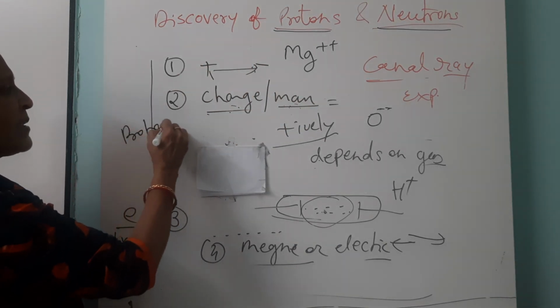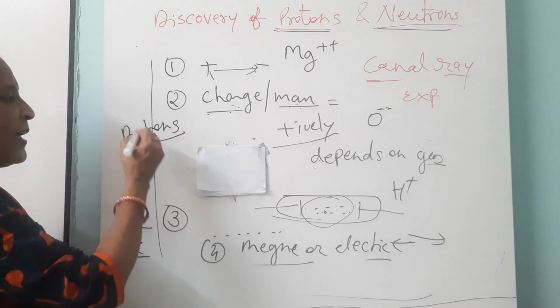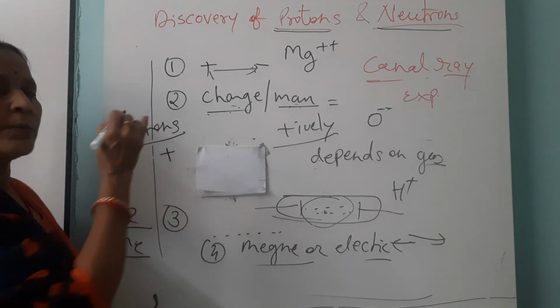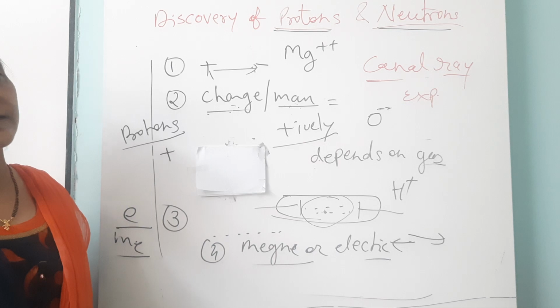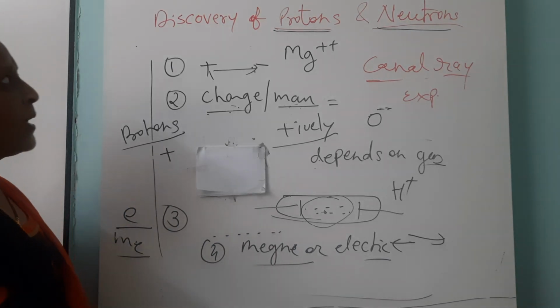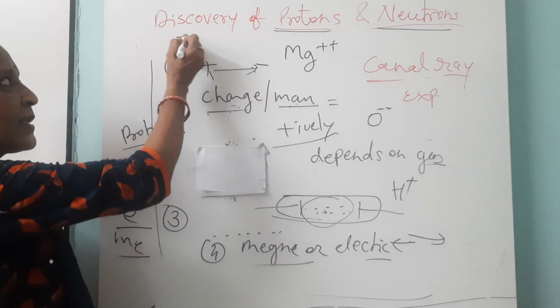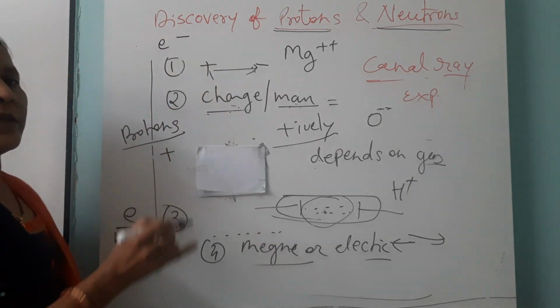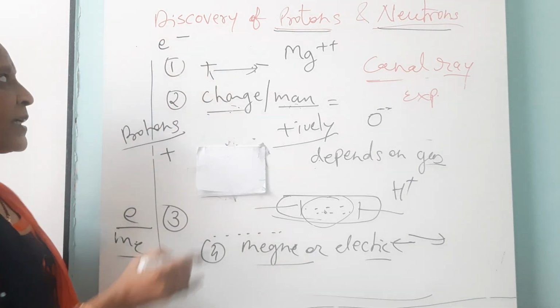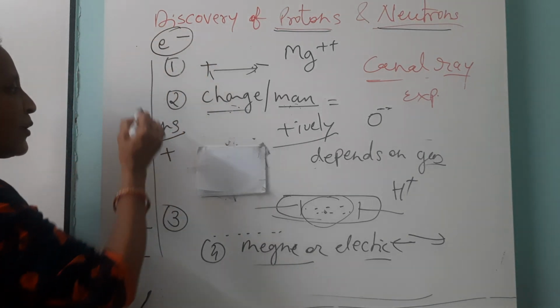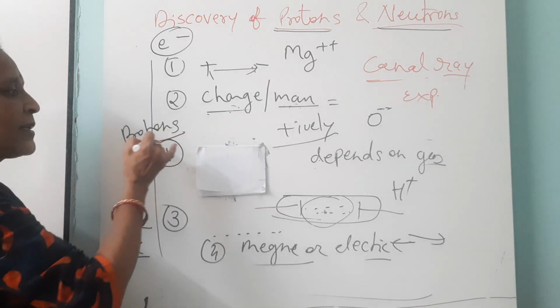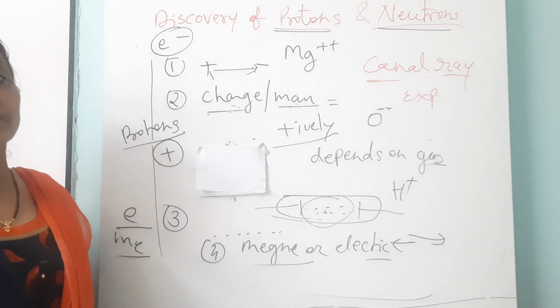These charged particles are known as protons, positively charged particles. Earlier we concluded that in an atom negatively charged particles are present, known as electrons. Positively charged particles are present, known as protons.